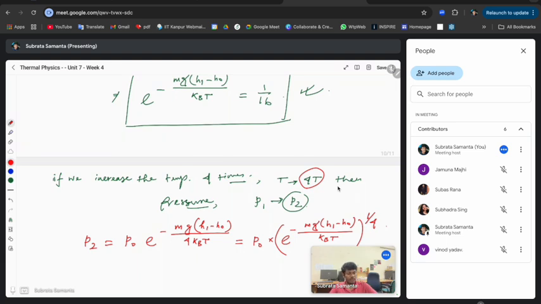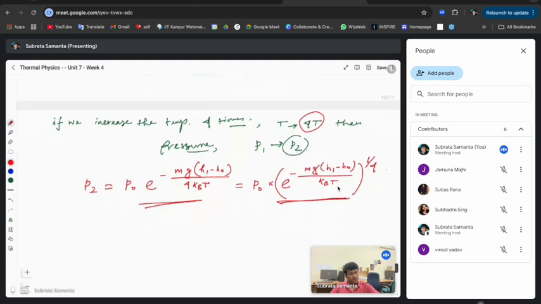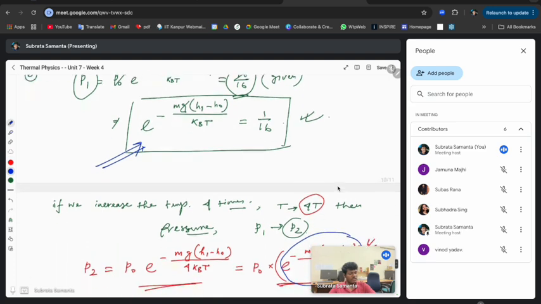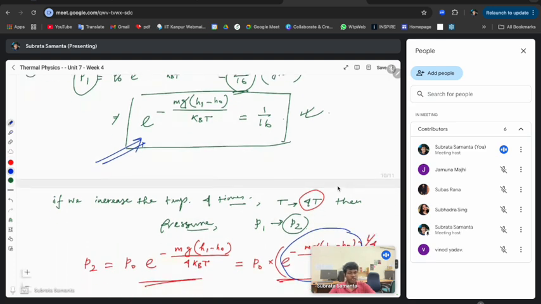We can write it in this form because it's exponential, so I'm writing to the power of 1 over 4. So now I know the value of this one, it's actually the same, e to the power minus mg (h1 minus h0) over kBT.